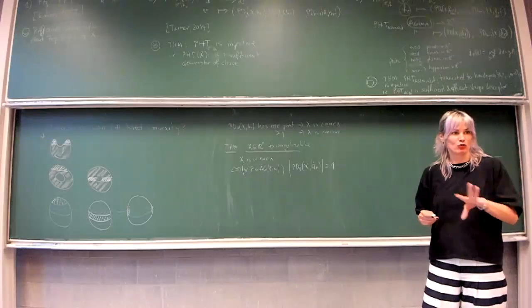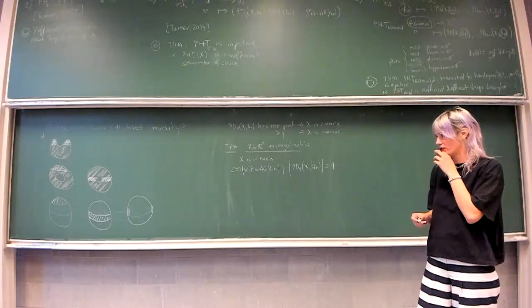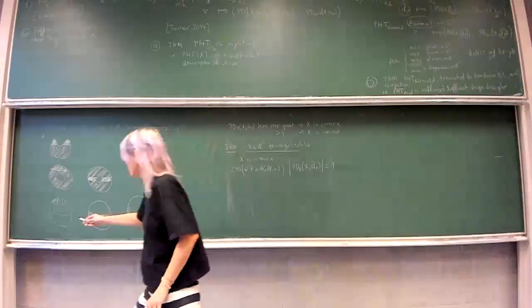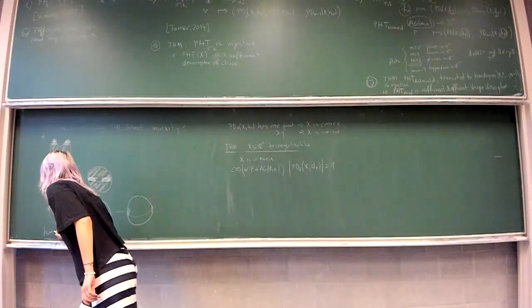We didn't think of Grassmannian at that moment. So if you find a line with two connected components, we know for sure that the shape is not convex.